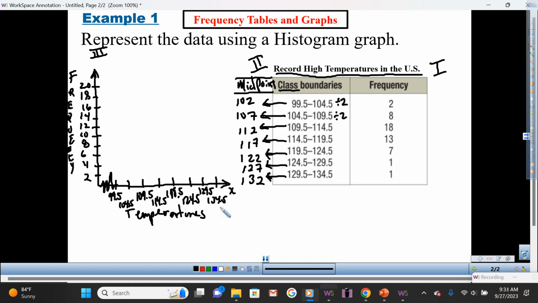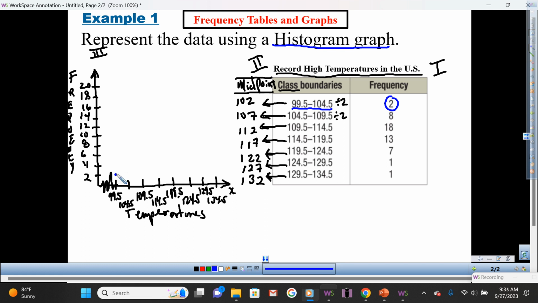All right, so let me show you how to represent it using a histogram. Ready? Here we go. We're representing it using what? Histograms, which means they are bars. So let's start with the first class. What is my first class? From 99.5 to 104.5, yes? What is the frequency? 2. So you go to 2.